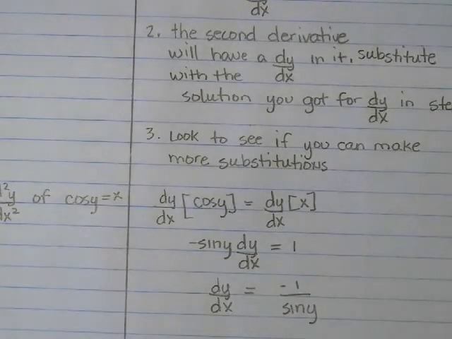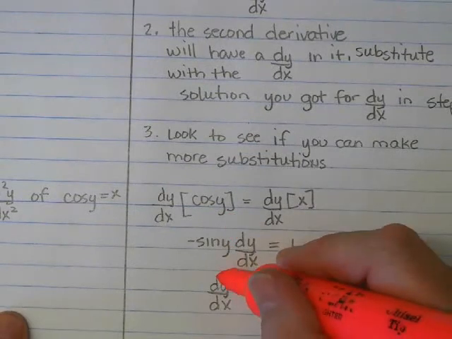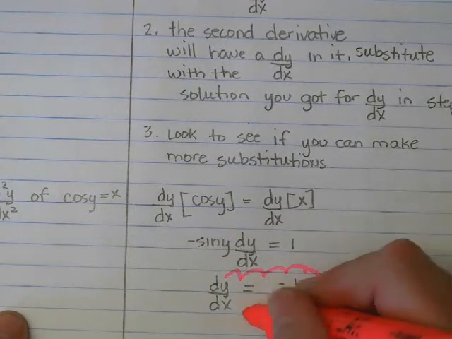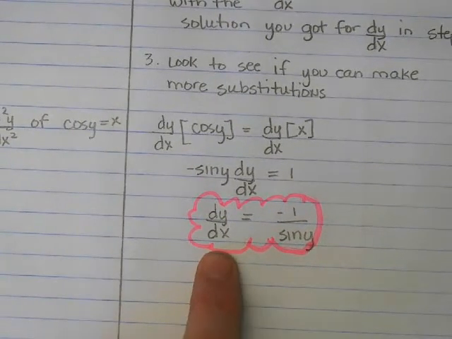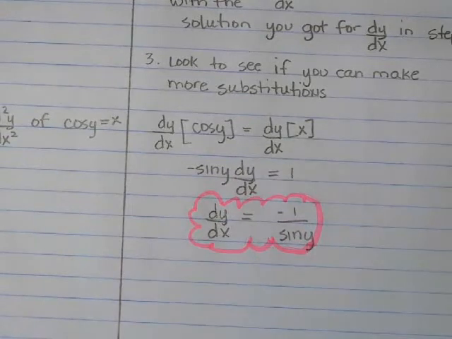Now, I'm thinking I'm going to be using this later on, because remember, when we find the second derivative, we're going to find that there's a dy dx in it, and we're going to replace it with that negative 1 over sine y.